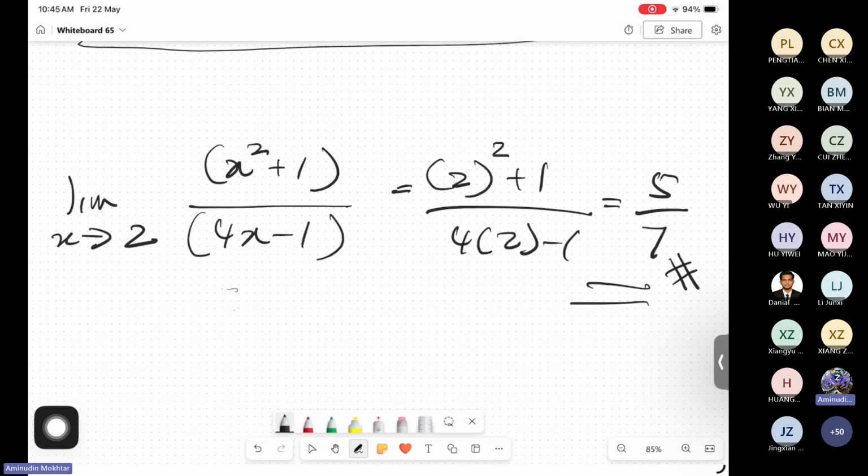Okay, that's about the rule of limit. In conclusion, in order to find the limit, the first step is we just substitute x into the equation, and then we decide what the limit is.